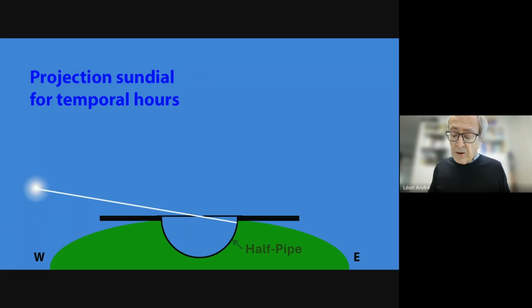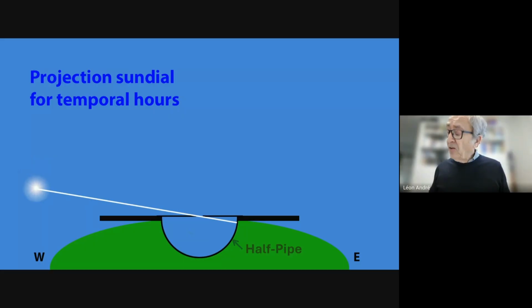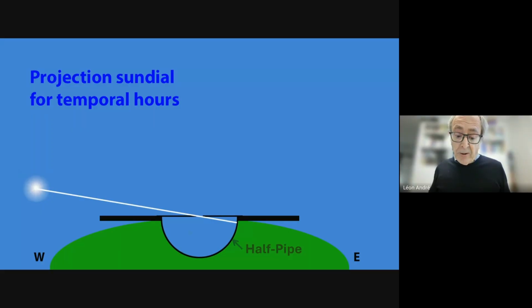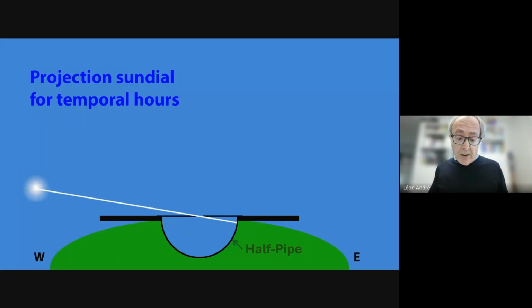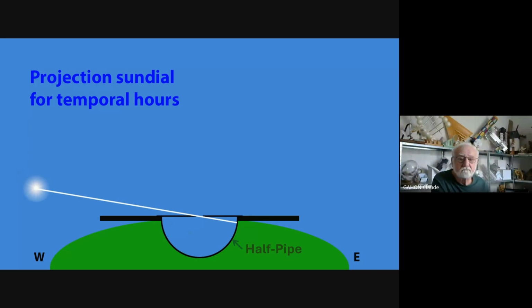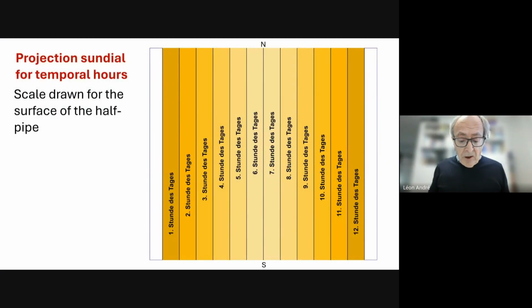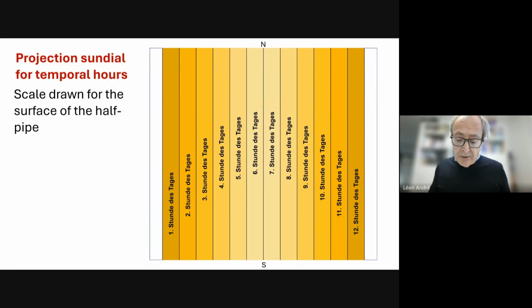From this perspective, every day of the year is the same. Since the angular velocity of the sun is constant, we can divide the half pipe into 12 parallel strips to form the dial. This image shows the dial unfolded onto a flat surface.